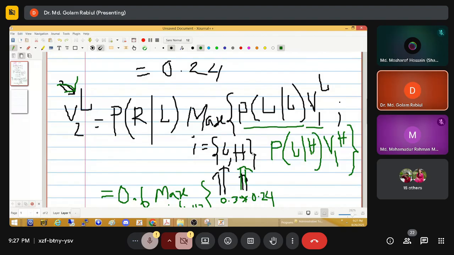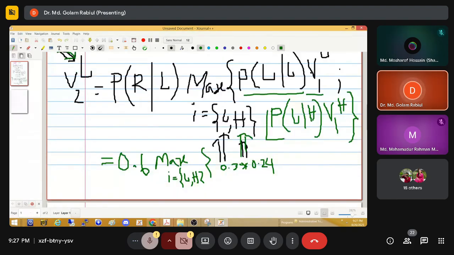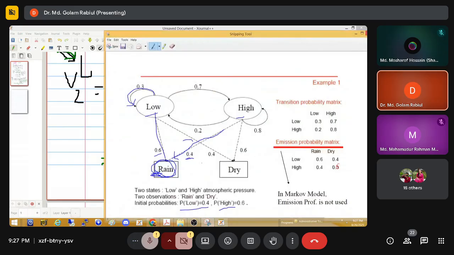And another one is this probability, the probability of low given high. That is high to low.